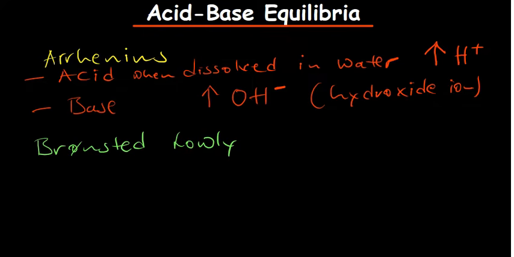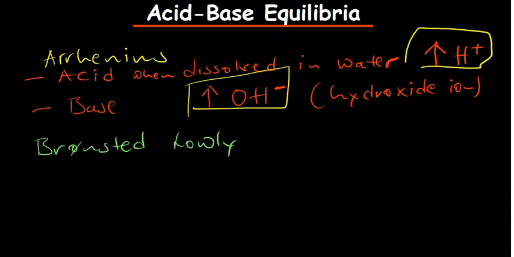So in summary, Arrhenius defines an acid to be any substance that increases hydrogen ions when dissolved in water, and a base increases hydroxide ions. That's easy to remember, right? Examples of bases have hydroxide attached to them, and acids have hydrogens attached to them. That's one easy way of remembering what each can increase in a solution.